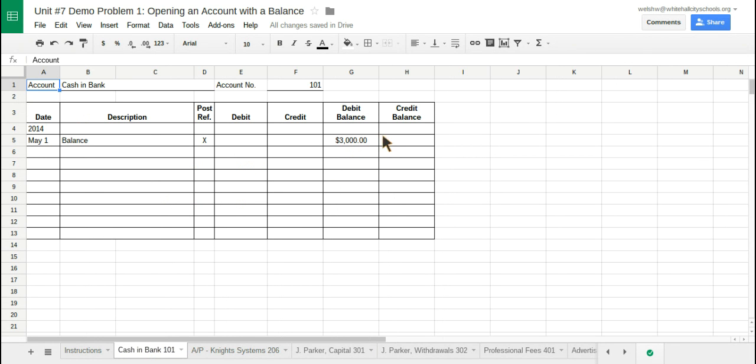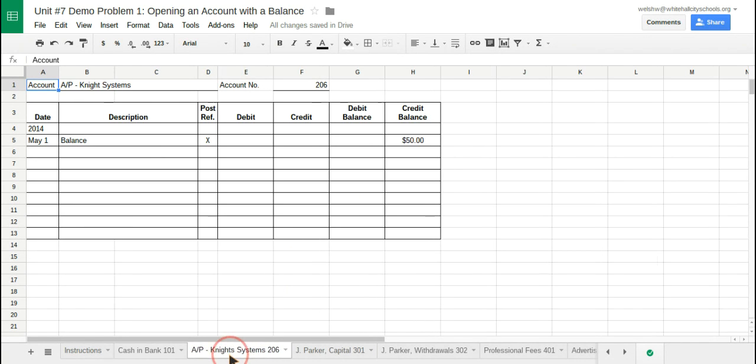These columns are just for the running total, the balance after each transaction. For asset accounts or anything that has a normal debit balance, it will always be in this column only. You'll never have a credit balance here. You might have credit transactions, in which case you'd subtract from this number, but you will only have balances in the normal balance column.